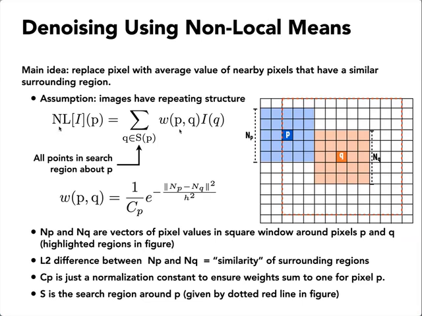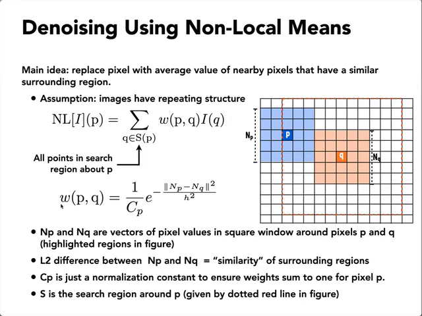Non-local means averaging for image I at position P can be described as a search for Q as an element of S of P, which is all points in a search region about P. So in some large search region around P, we consider all points Q inside that search region. Then we calculate a weight that has input parameter values of both P and Q, times the image at that Q location.